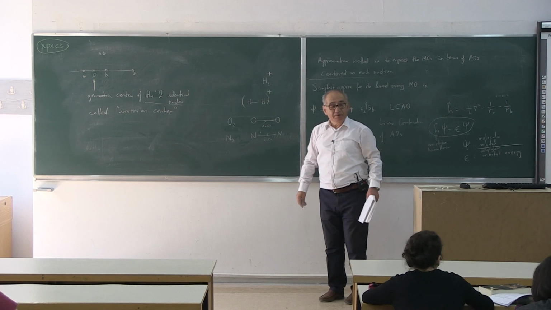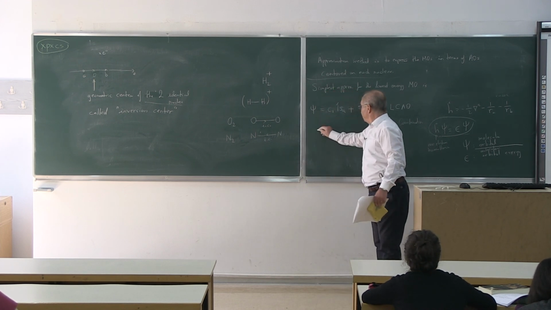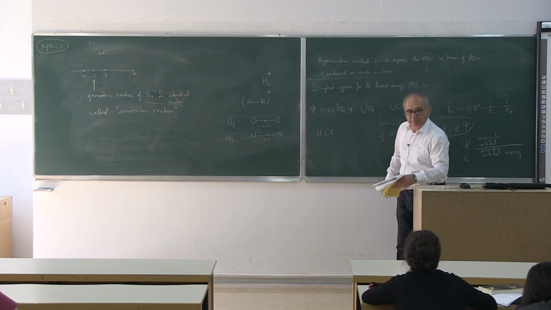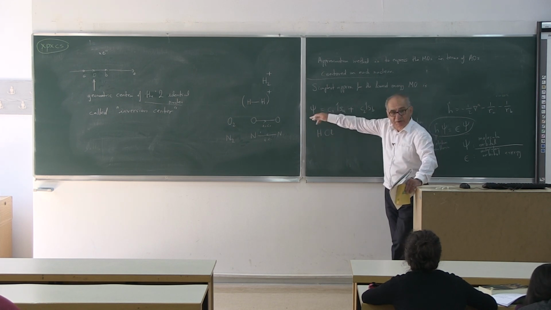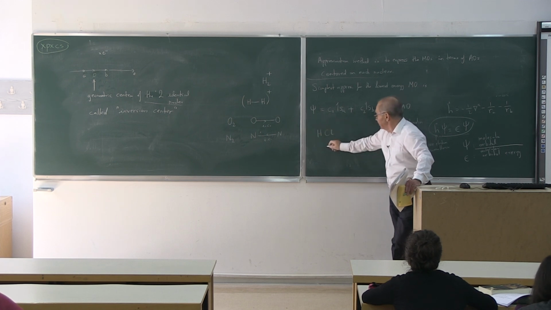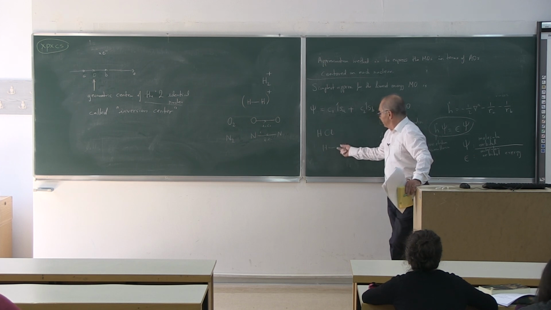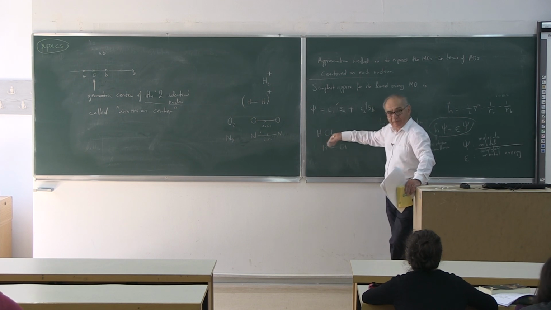On the other hand, if we have a heteronuclear diatomic, say HCl, does such a molecule have such a property? Can you find a point between the two such that when you exchange the two atoms on both sides, you get the same nuclear configuration?